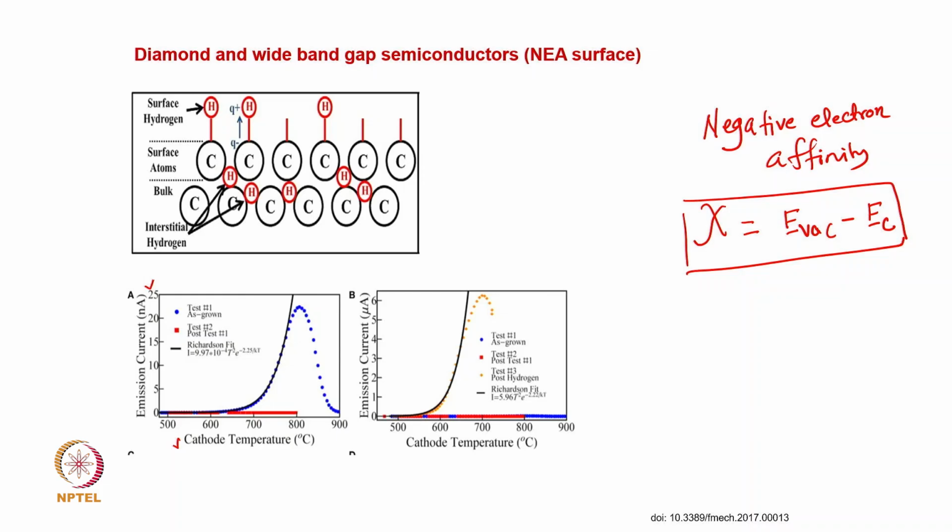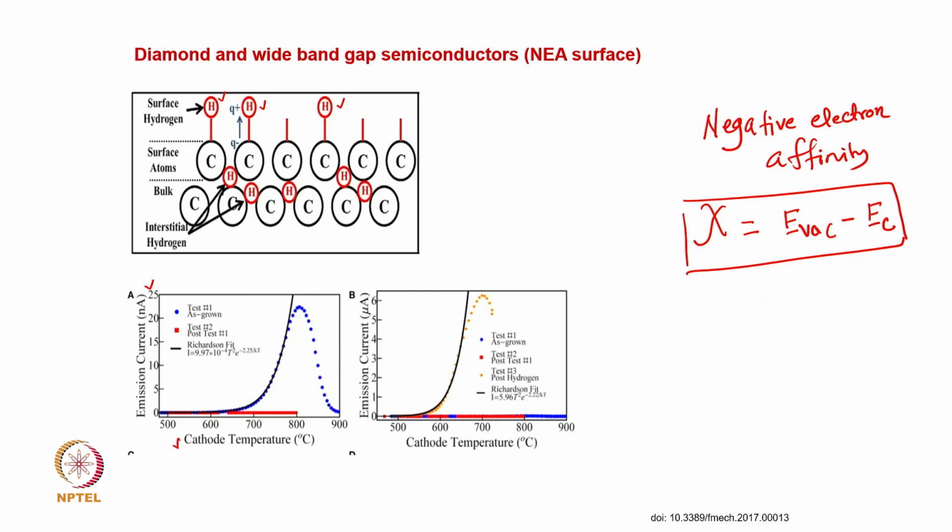But as soon as you put this material in hydrogen plasma, you see that hydrogen gets attached to the dangling bonds, or the free bonds, at the surface. Only at the top surface does hydrogen go and sit.